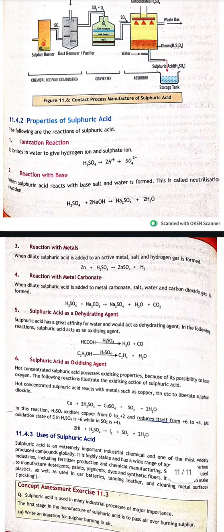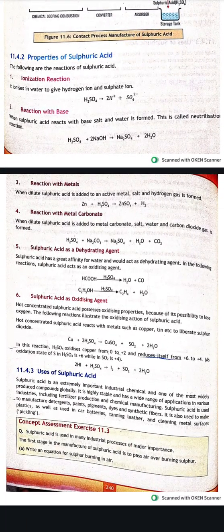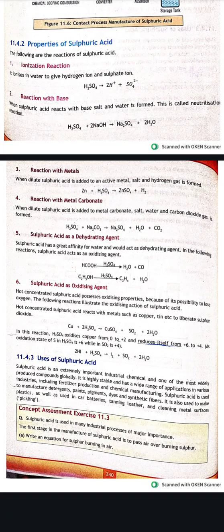Now we have the properties of sulfuric acid. Ionization reaction: H2SO4 gives us 2H+ plus SO4 2-. Then reaction with base: H2SO4 plus 2NaOH gives us Na2SO4 plus water. Then reaction with metals: zinc will react with H2SO4 to give zinc sulfate plus hydrogen.